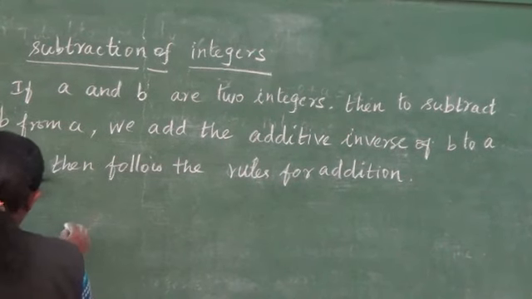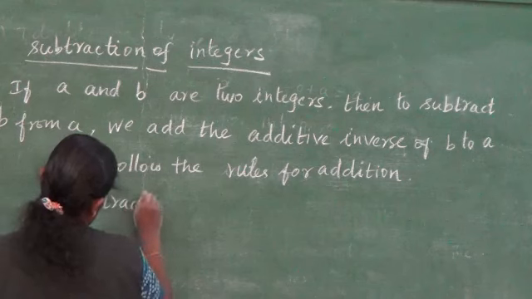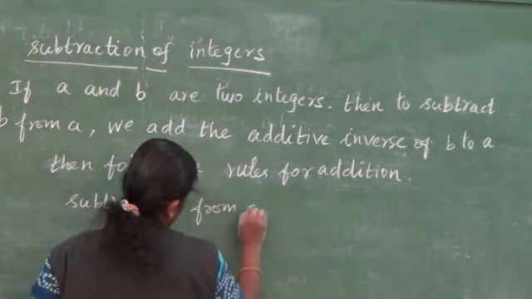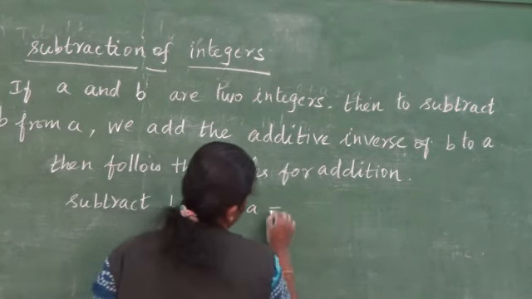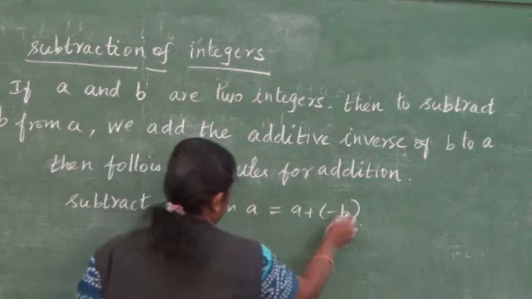Simply we can write it as, subtract b from a is equal to a plus minus b.